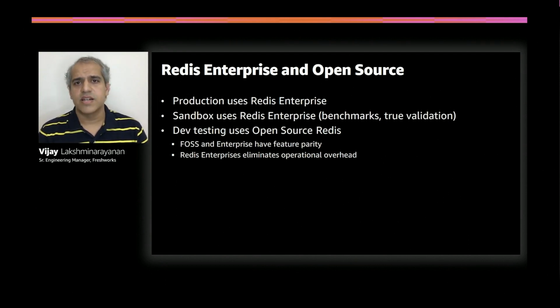However, on our dev machines, we just run open source Redis, typically from Docker, and that just gets rid of a lot of our dev problems. But we know that the behavior is going to be the same both locally and at scale. And Redis Enterprise really saves us a lot in terms of DevOps headache.